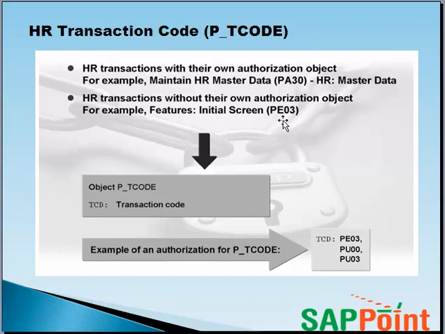But there are HR transaction codes which, along with the S_TCODE entry, you need access to the P_TCODE authorization object. Now, P_TCODE authorization object is the HR equivalent of S_TCODE.